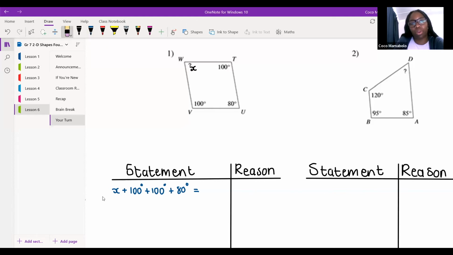Check in the chat. Everyone's helping you out. 360. Yes, 360 degrees, because we're looking at, what's my reason? The quadrilateral. Yes, good. But what about the quadrilateral? What are we looking for?